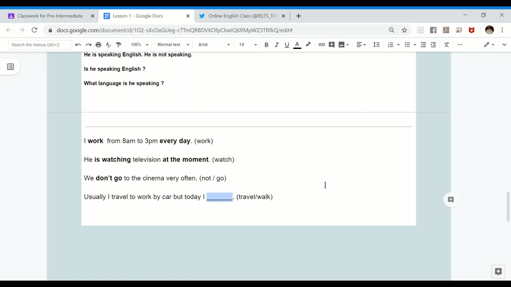Present simple or present continuous? It's present continuous, so it should be I am walking. Highlight those, bold, and I will highlight the verb here, bold. Travel, because it's usually is present simple. And walking, present continuous, because we're talking about today.